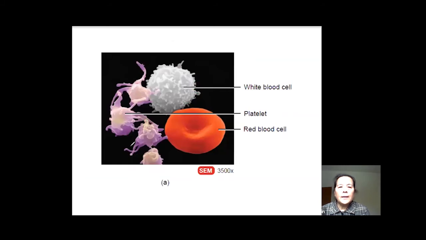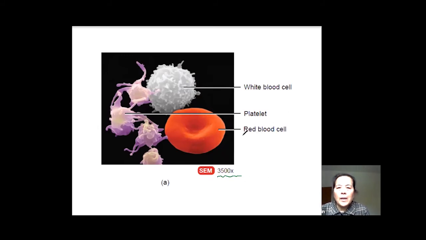Then we make it 3,500 times bigger. Basically with an electron microscope, we can make it much, much bigger. Then we see the blood cells like this.